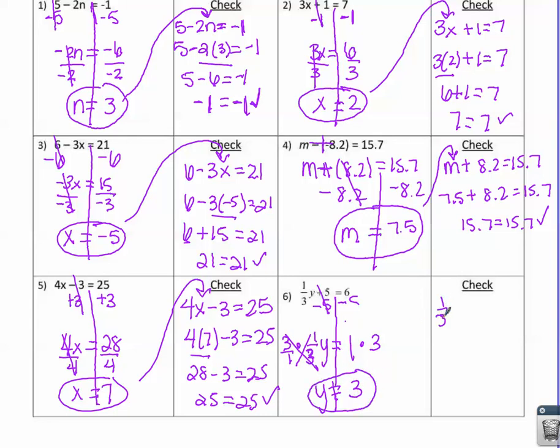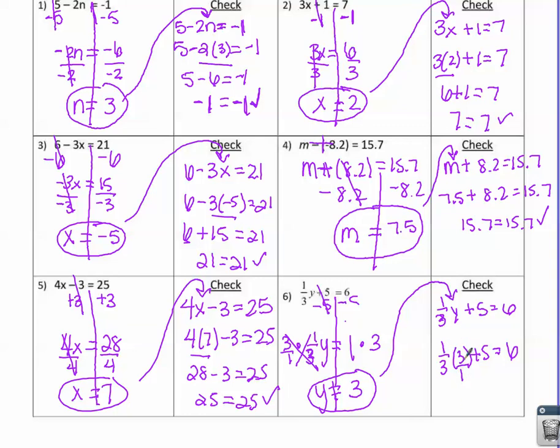So 1/3 y plus 5 equals 6. Substitute in what you got for your variable. Remember, if you multiply a fraction and a whole number, place a 1 under your whole number.